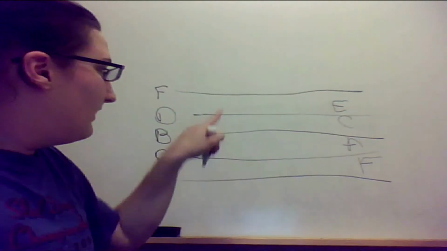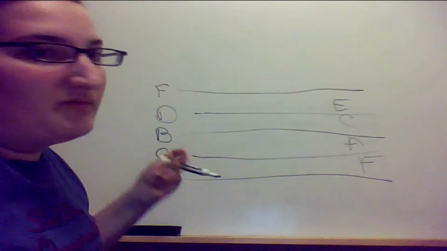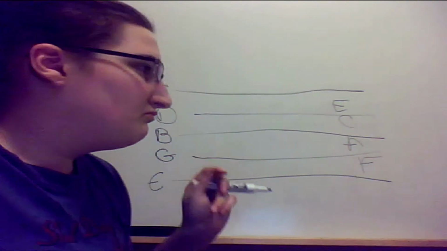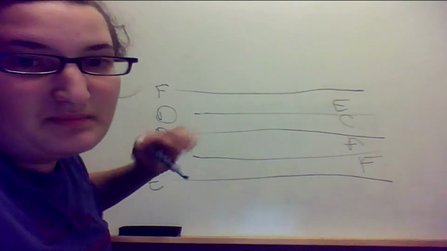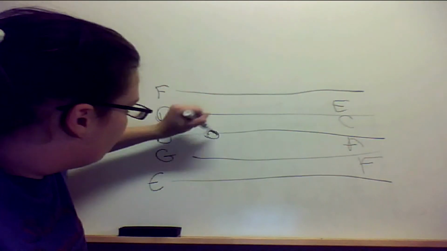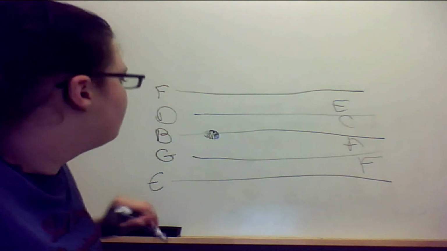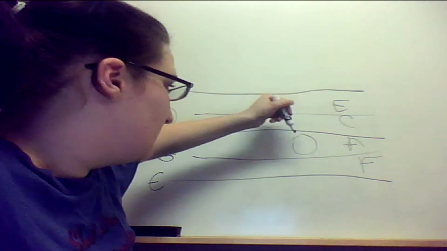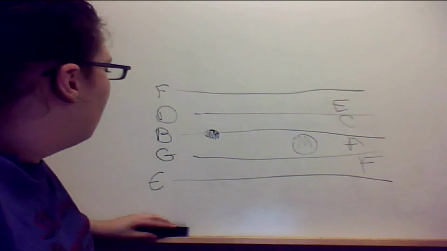With this, for example, you could take B, ti, that would go on the B line right here. A would go into this space, and so on.